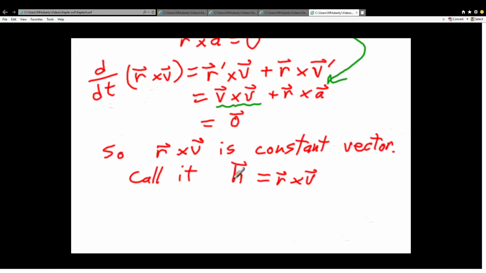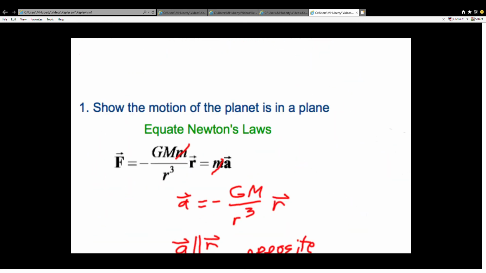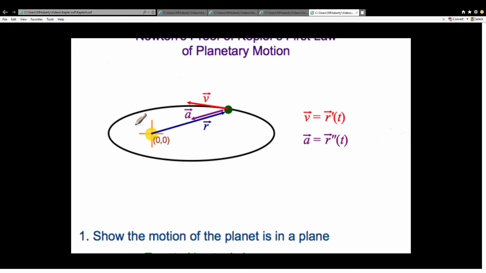being a cross product of both r and v, that means that the h vector has to be perpendicular to both of these vectors, right? So h has to be perpendicular. In particular, I want to point out it's perpendicular to our position vector. Now, as the planet's orbiting the sun, the position vector actually changes for various points in time.